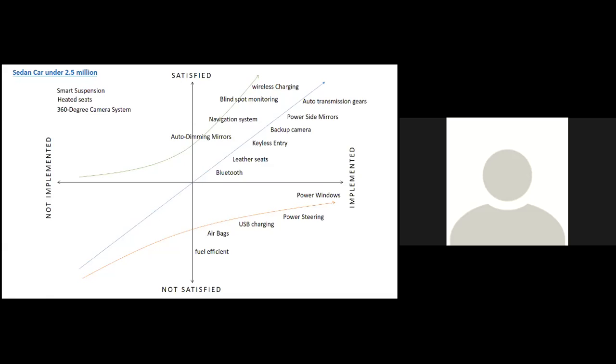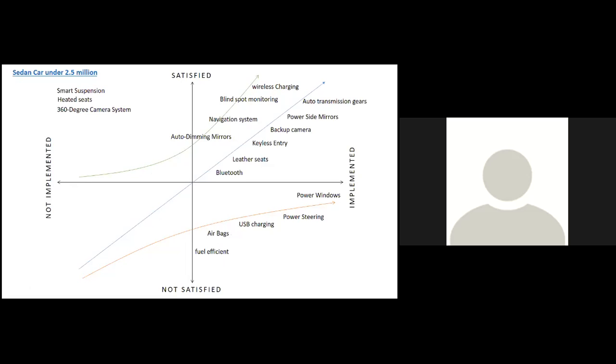Based on the survey, we categorize all the features into three categories: threshold, performance, and excitement features. After the surveys, we found that fuel efficiency, airbags, USB charging, power steering, and power windows are the basic features required by every customer. Without these features, your product will be totally a failed product.